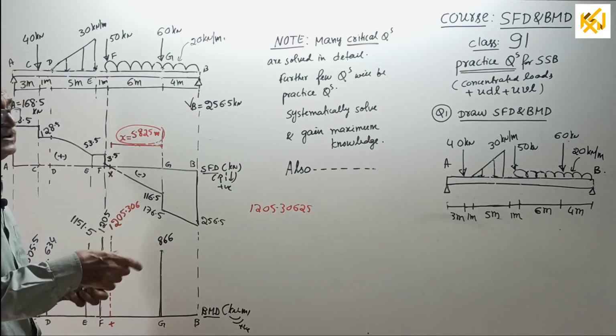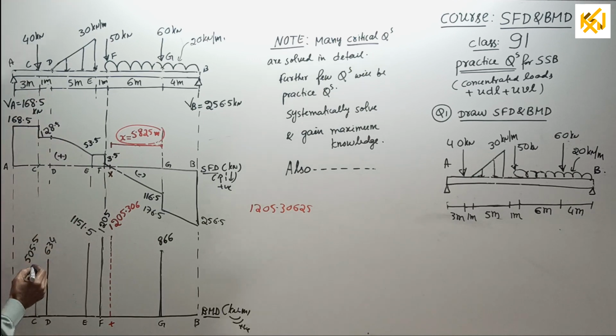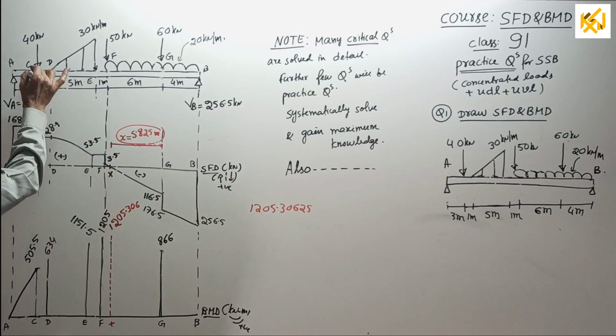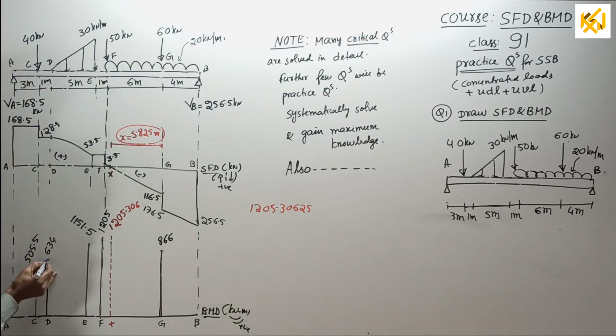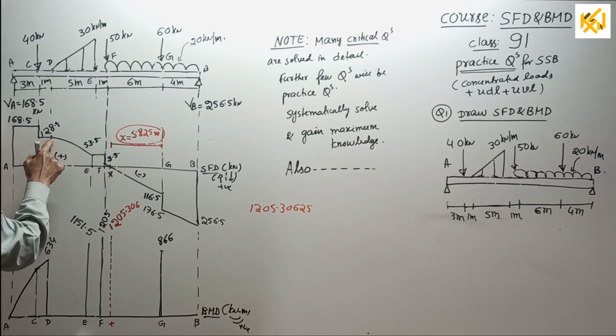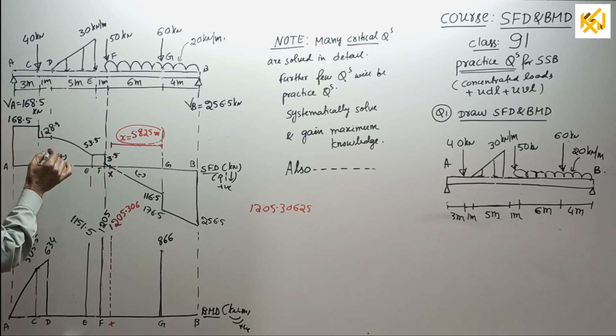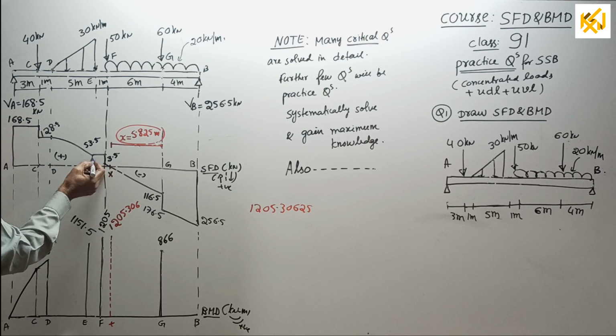Now, lastly, joining A to C, linear. C to D also linear, but the slope will be a little lesser. Why? Shear force is lesser here. Then from here to here, parabola of third degree. But remember, here shear force is the same on both sides, here also shear force is the same.